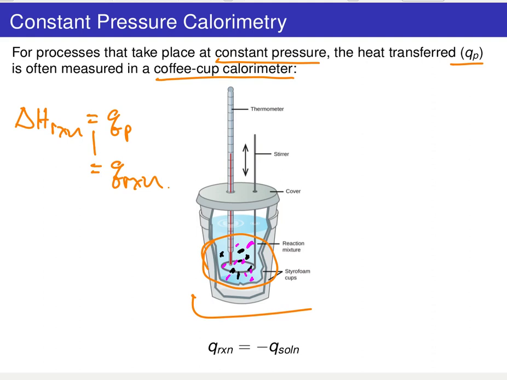Now, because this reaction is taking place inside of a calorimeter, which is thermally isolating the reaction from the environment, we know that the Q reaction is going to be negative, opposite in sign to the amount of energy that this solution absorbs. So it'll be a minus Q solution.